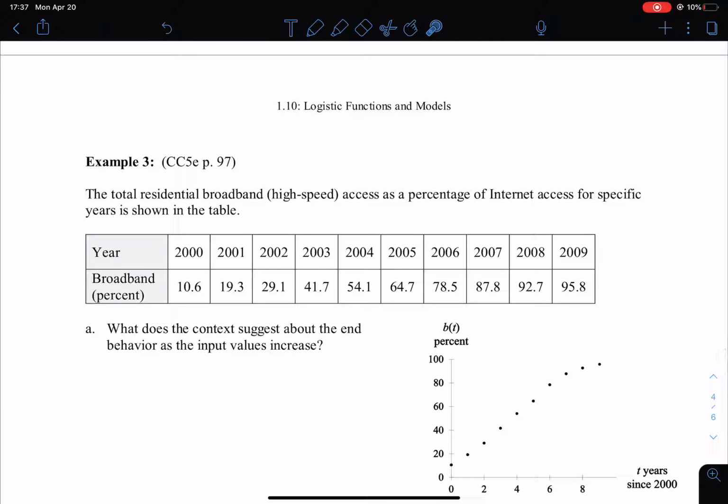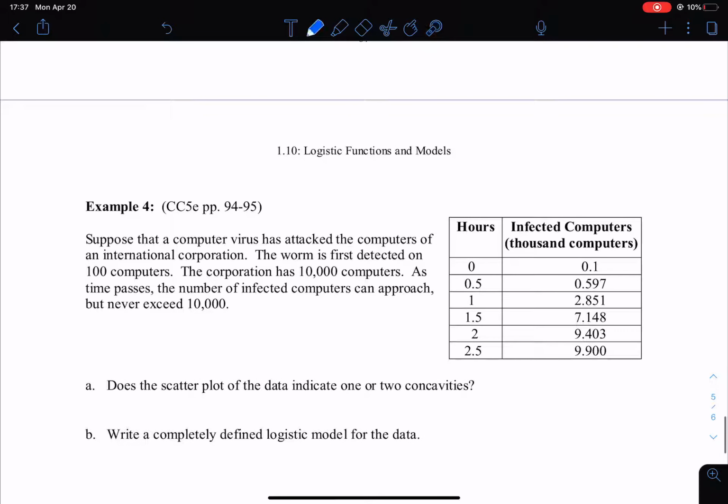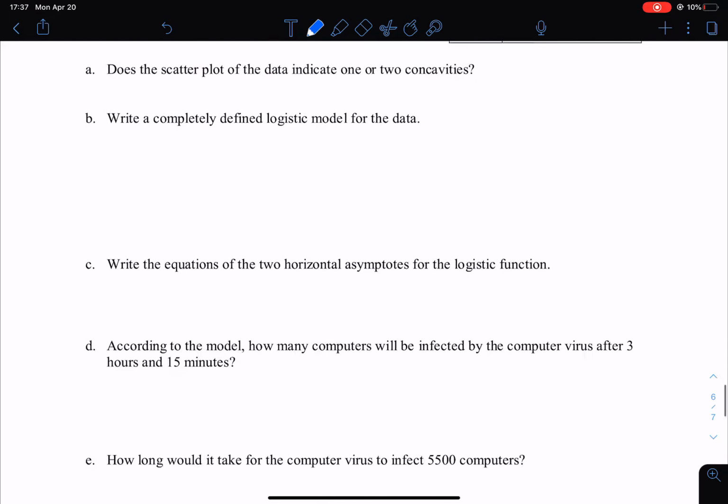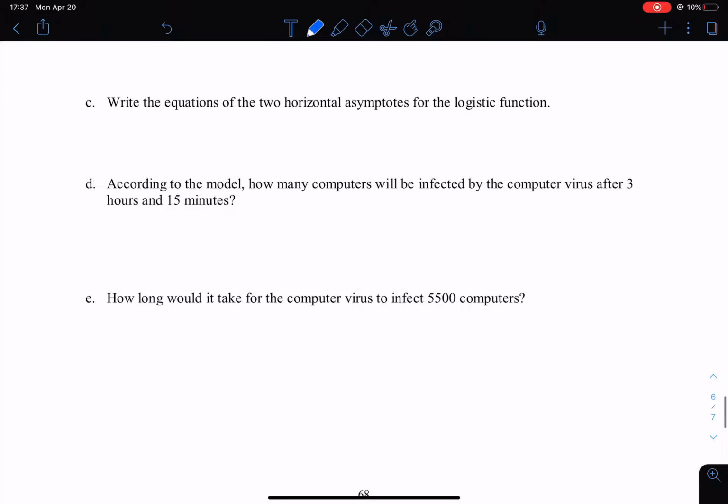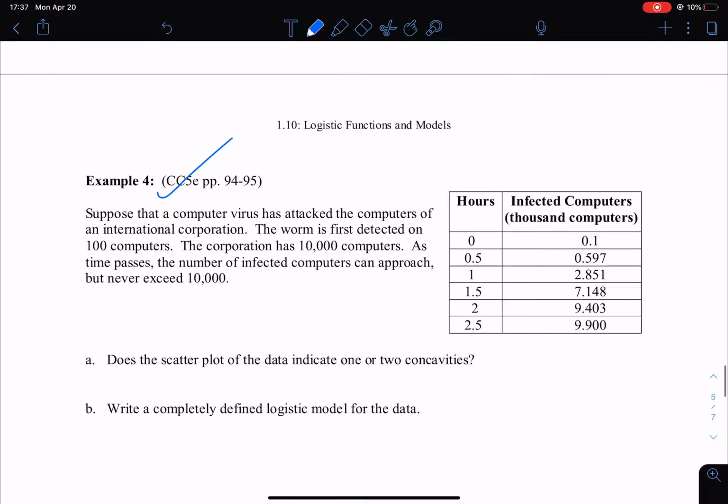So, example 4. Alright, this is the full question. For this kind of question, the first step is to draw the scatter plot.